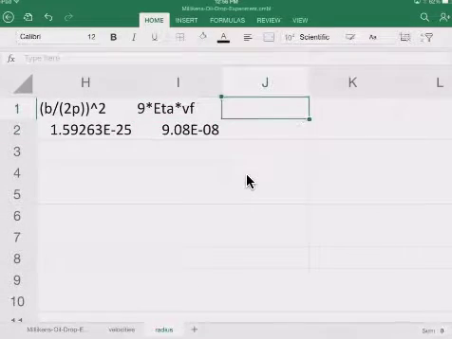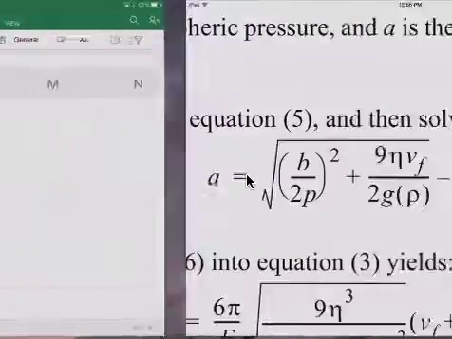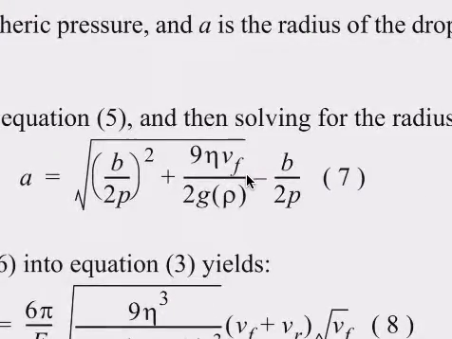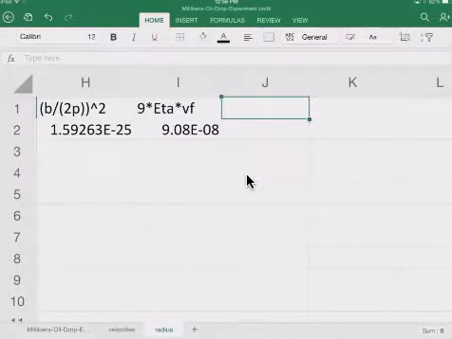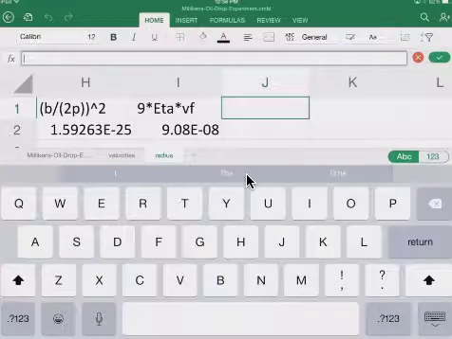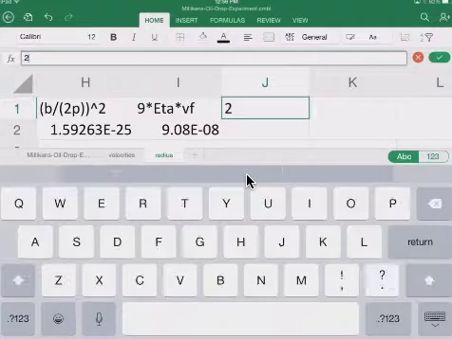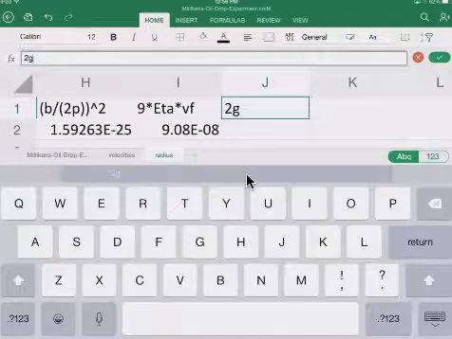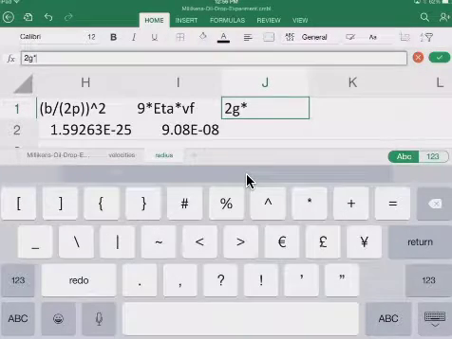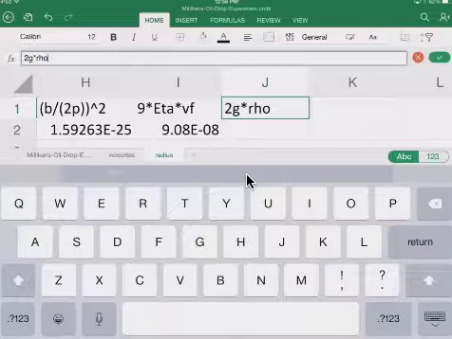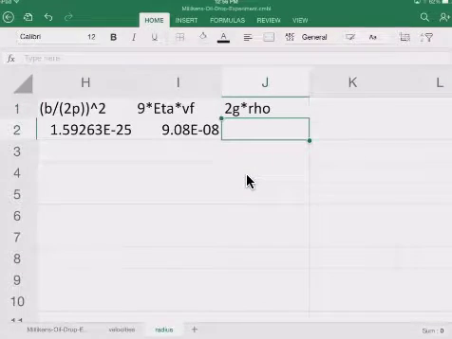And the last thing that we'll need as far as what's in this equation is here. It's 2 times g times rho. So let's just go ahead and do that. 2g and then times rho. For whatever reason I'm not able to put in those mathematical symbols, those Greek symbols.